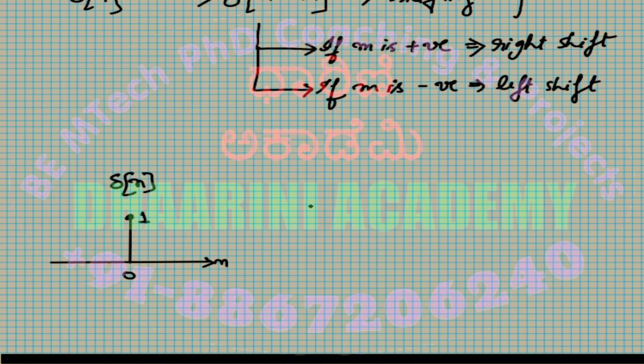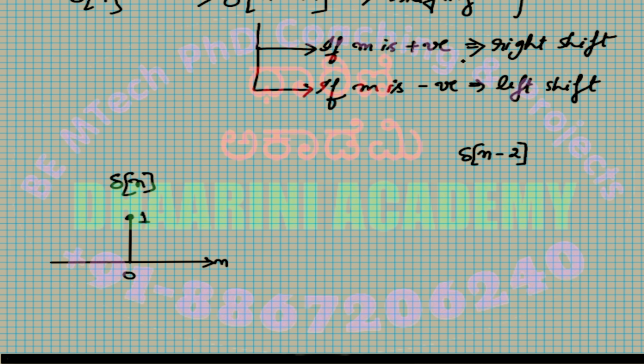Now let me say I want to perform the simplest one, which is the right shift. I'll simply plot delta of n minus 2. Here you can see delta of n minus m, and m is positive, with m equal to 2.